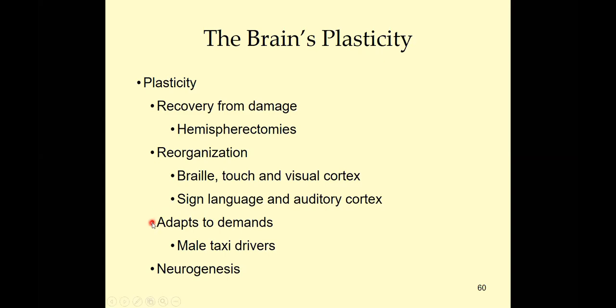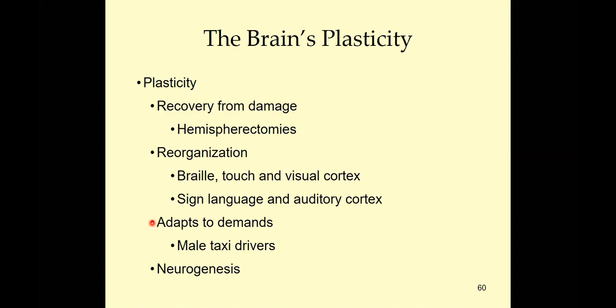Plasticity also involves the brain being able to adapt to demands that we place on it. And here's a striking example. Back in the days before they had GPS and people had to just navigate their way around by memory, they compared areas of the left hippocampus of male taxi drivers with left hippocampus of non-taxi drivers.